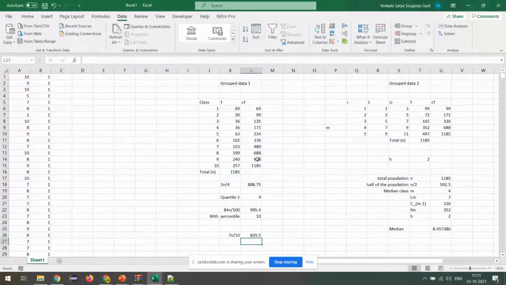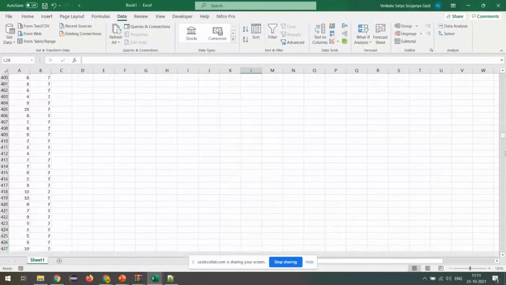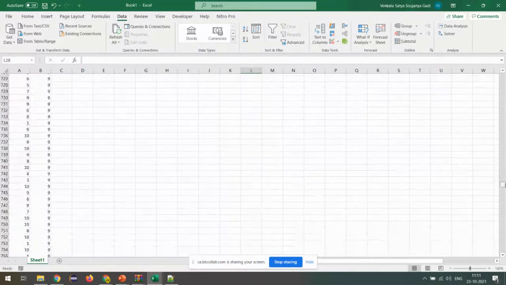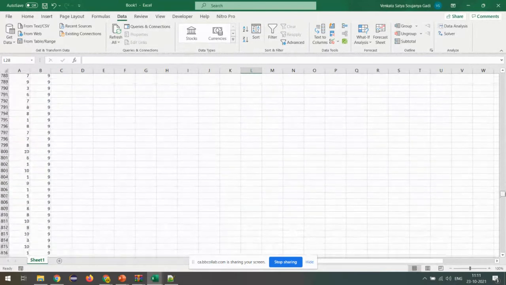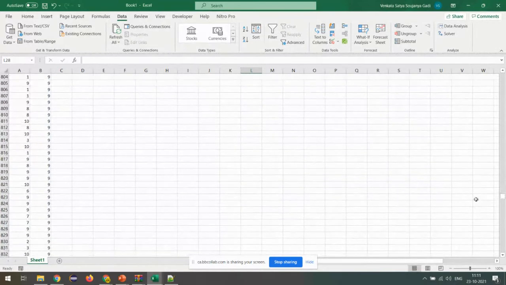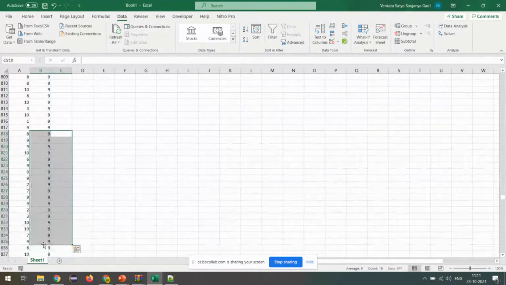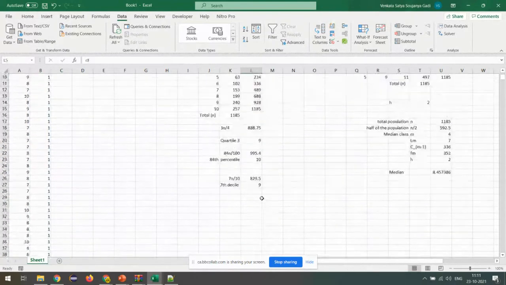Where does 829 fall? It falls here and it says 9. So the 7th decile is 9. If you go to the 829 row, it is somewhere here, and he is selecting 9. We see that, right? So that's how we get it.